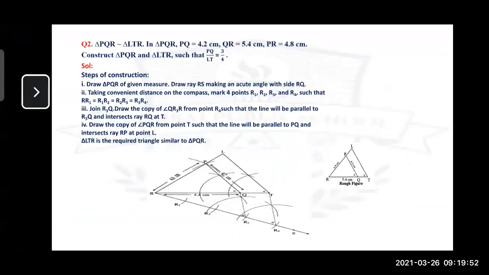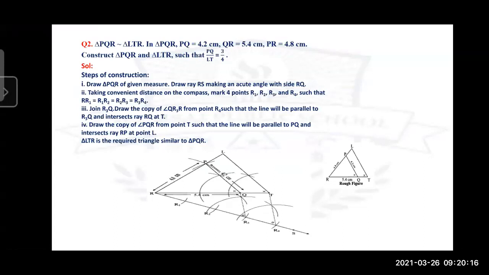Okay. Now, second question. In this question, here the vertex is same, that is R. For this question, first you draw the line segment of 5.4 centimeters, then make an acute angle above and below, like 30, 40, okay, above the line segment and below the line segment. Then here the ratio is given 3:4.